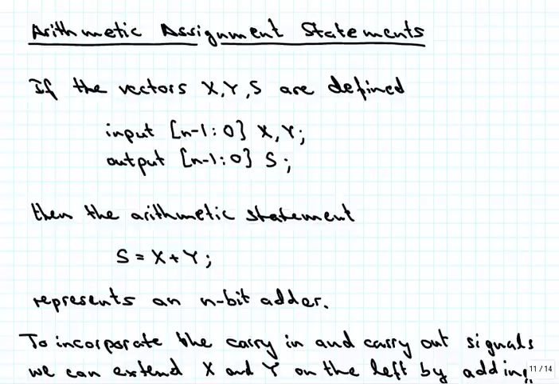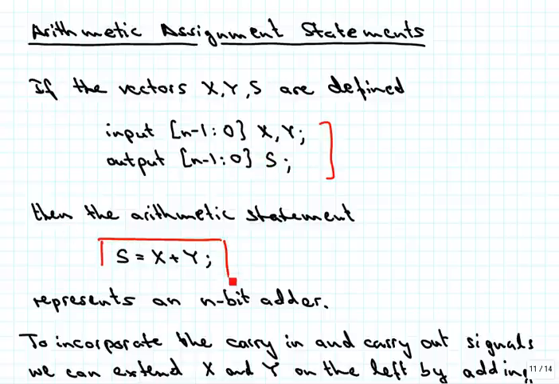Another way to do things is to actually use arithmetic statements in Verilog. And if we assume that we have vectors x, y, and s defined as is shown here, so we have n-bit inputs x and y, we have an n-bit output s, then we can actually use the arithmetic statement s is equal to x plus y.